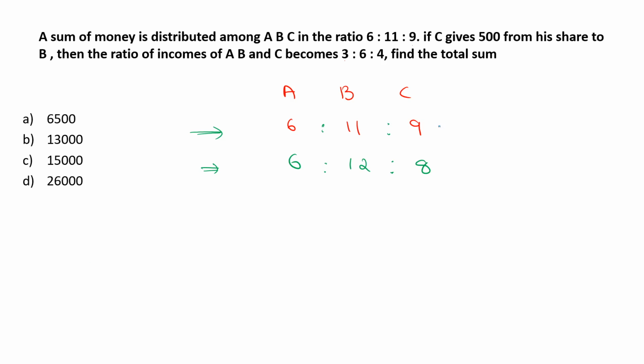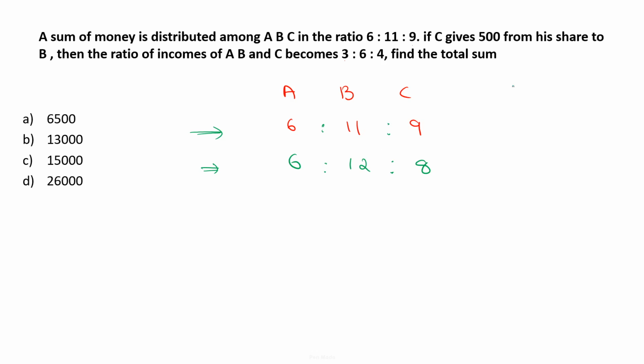The actual amount of money that C had was 9, but he transferred 500 rupees to B. Here he transferred 1 unit from C to B. When we transferred 1 unit from C, the value of C went from 9 to 8, and after getting 1 unit from C, the value of B went from 11 to 12.